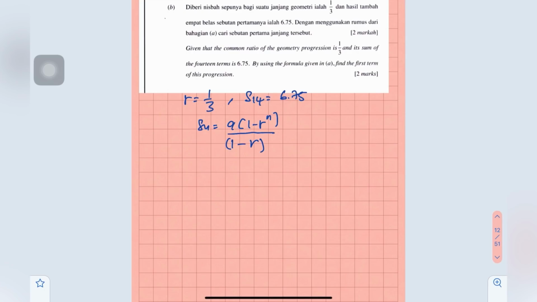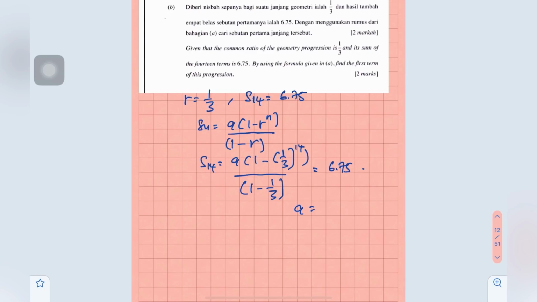So kita masukkanlah dalam formula ni. So a tak tahu, r is 1 over 3 and n is 14. Ni S14 tadi. Okay, so over 1 minus 1 over 3. So samakan dengan 6.75. Okay, so ni awak kira je lah. You dapat a equals to 4.5.